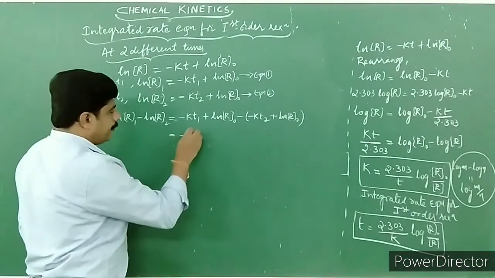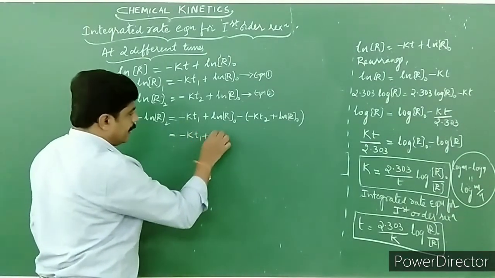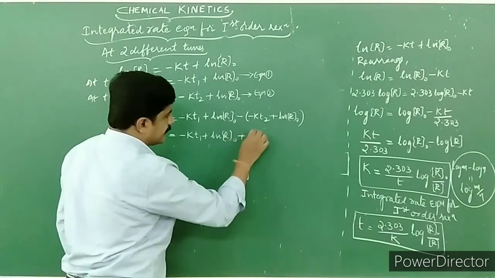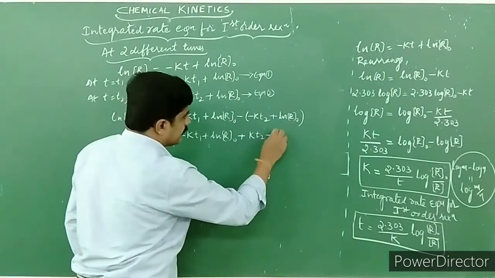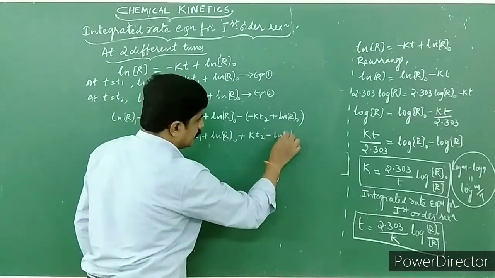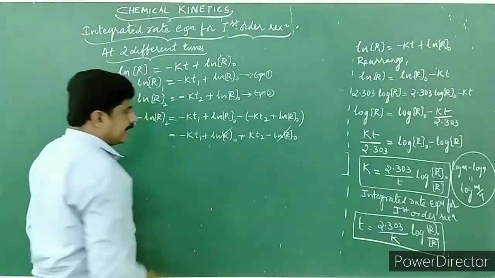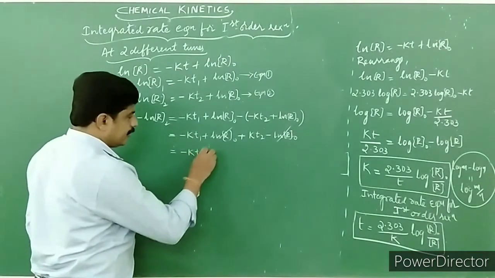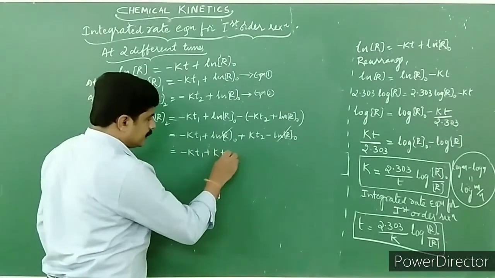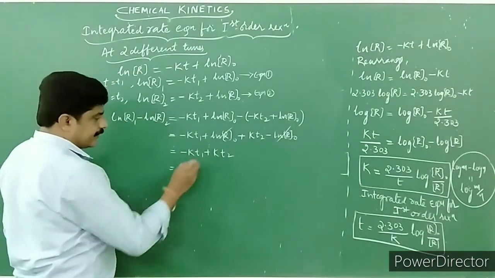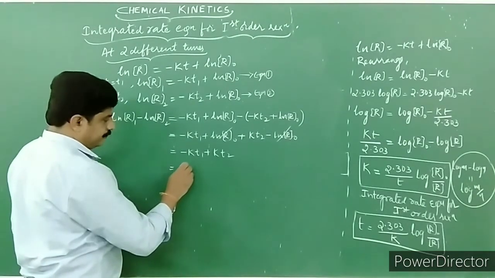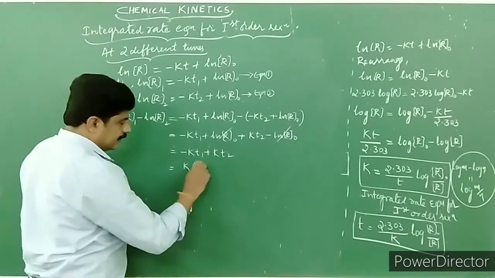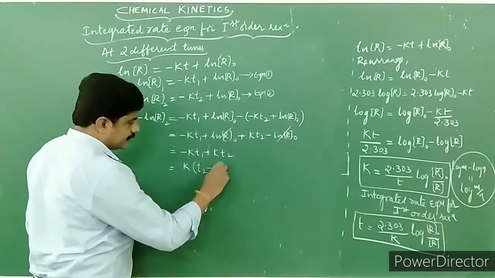I'll simplify. Minus kt1 plus ln R0 plus kt2 minus ln R0. Children, these two will cancel. I can write minus kt1 plus kt2. So children, I can write this one, look at here, as k, I'll take the common, now I reshuffle, t2 minus t1.